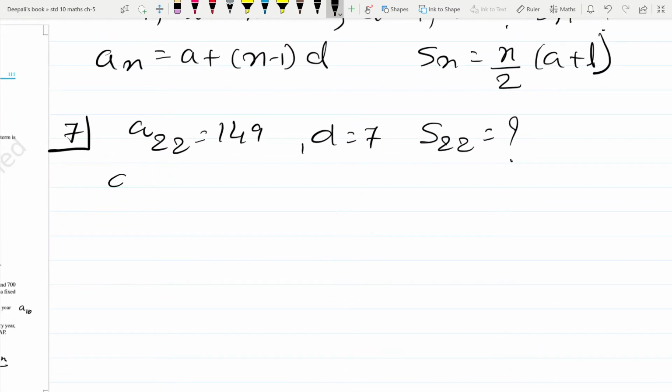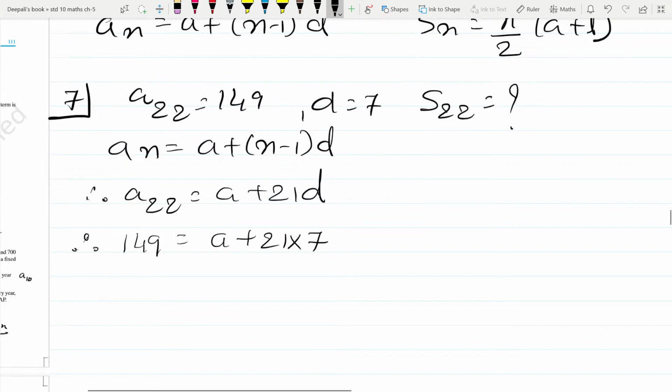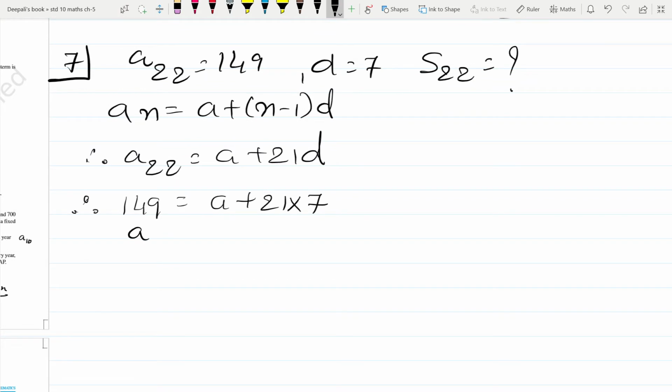We have An is equal to A plus n minus 1 into D. Therefore, A22 is equal to A plus 21D. Therefore, 149 is equal to A plus 21 into 7. So, A is equal to 2.